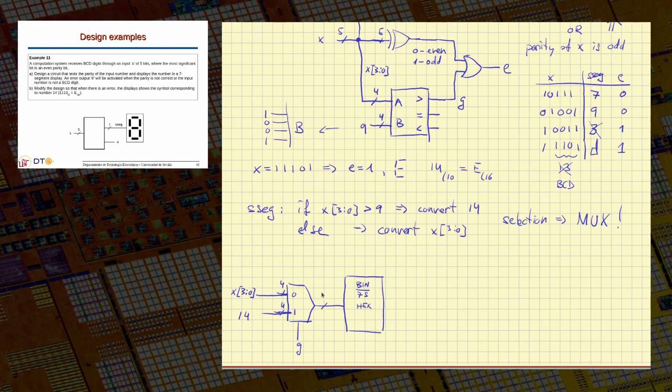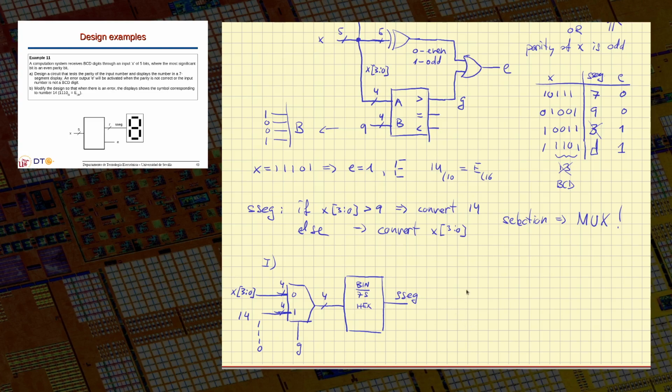Okay, this will be converted and it will generate the right code here. This is option 1, assuming our converter is hexadecimal. This number 14 actually stands for 1110, okay? 8 plus 4 is 12, plus 2 is 14.